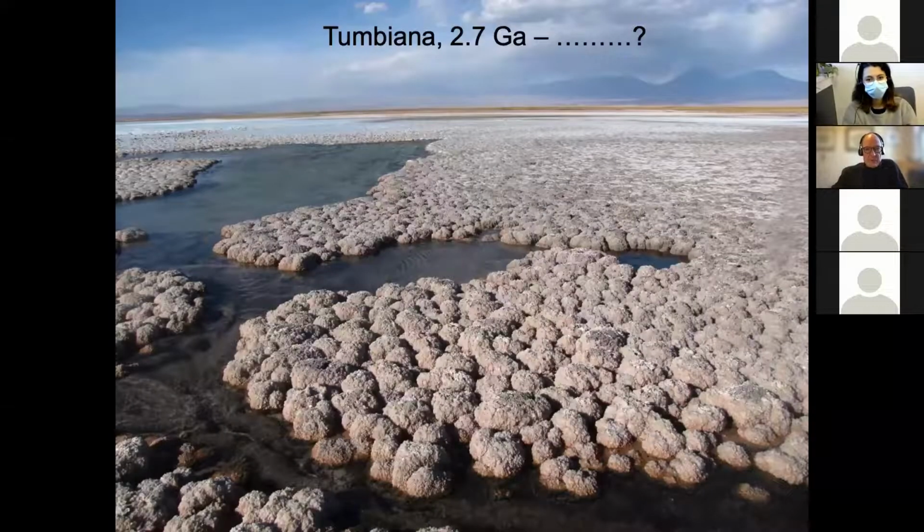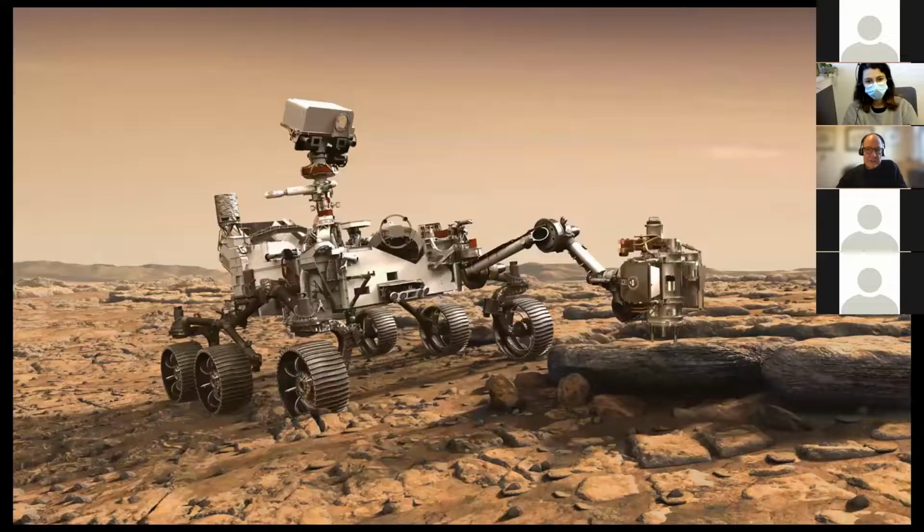Close to La Brava is another lake called Tebenquiche, where you have a lot of these structures. Actually, they're gypsum and not carbonate, but anyway, you can envision this perhaps on early Earth in the intertidal zone, the production of these structures on a very large scale.